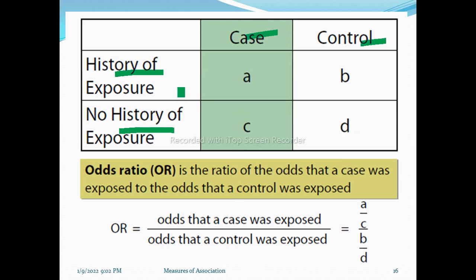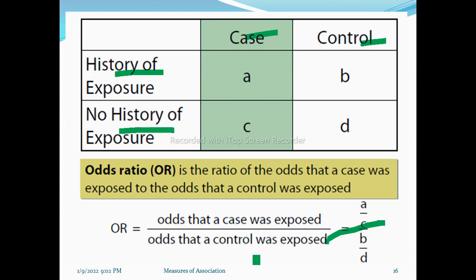For relative risk we have seen A over A plus B, C over C plus D. But in case of odds ratio, it is A over C and B over D. So we can say A over C over B over D. If we reverse it, we get AD over BC.